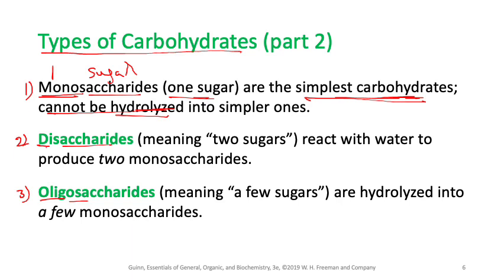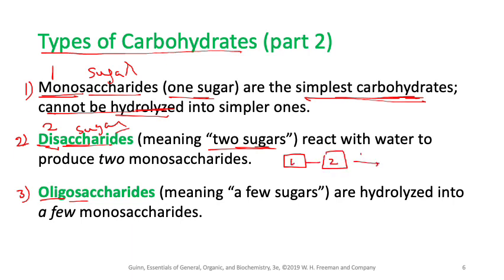Let's talk about the disaccharide. Di means two, saccharide means again sugar. So two sugars. Whenever you do a hydrolysis reaction with a disaccharide, how many sugars are you going to get as a product? Because it's made up of two sugars. Let's take an example. This is sugar number 1 bonded with sugar number 2.